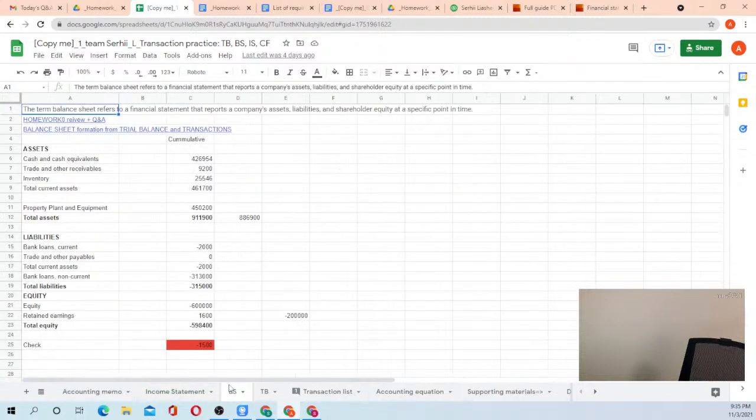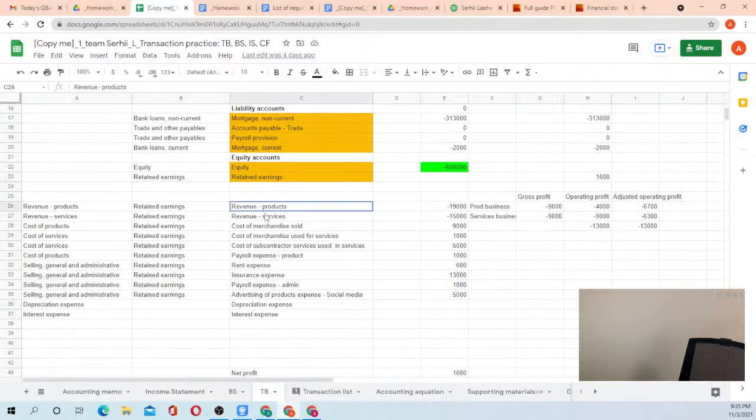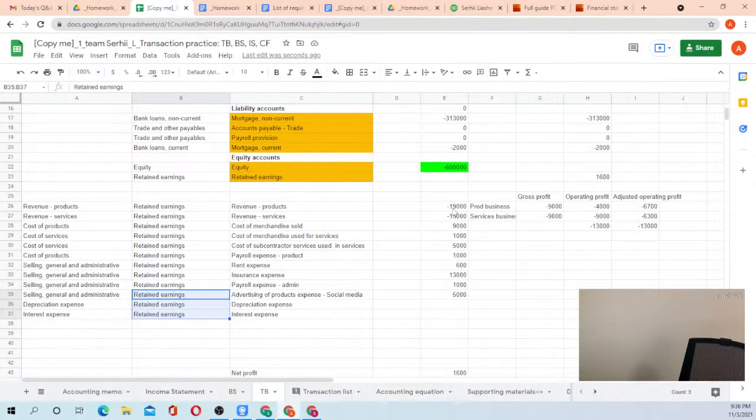And we mapped trial balance income and expense accounts to the headers in the income statement. And we used the SUMIF function to sum from the trial balance accounts.